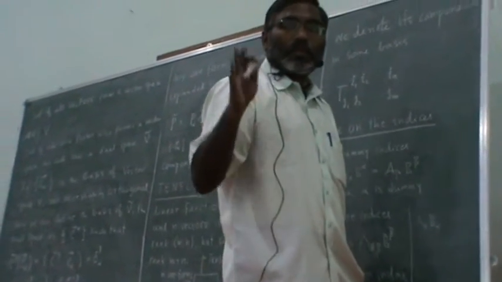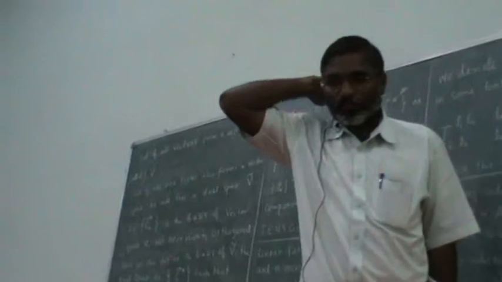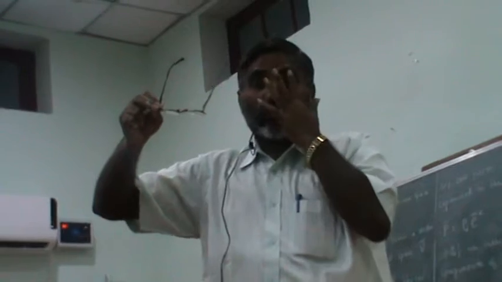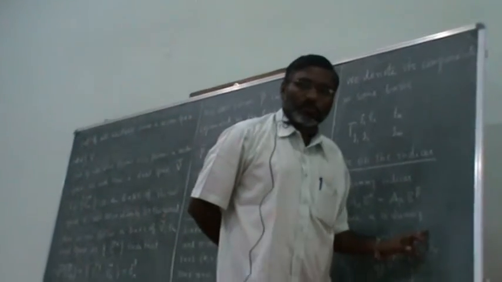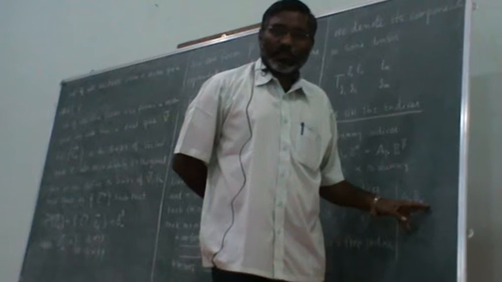There is a little bit of confusion here because some books do not bother about superscript and subscript. For example, Riley Hobson, which I suggested as a book for this workshop, does not bother about it. If an index is repeated, they simply sum.